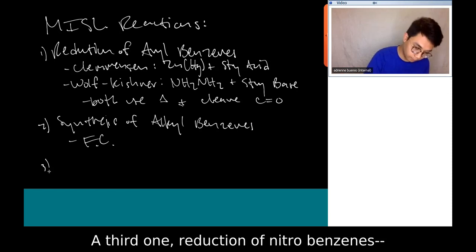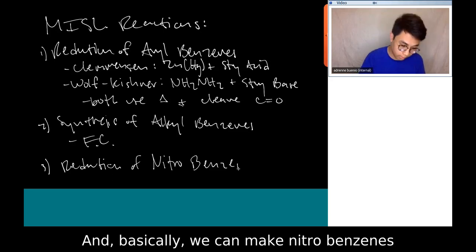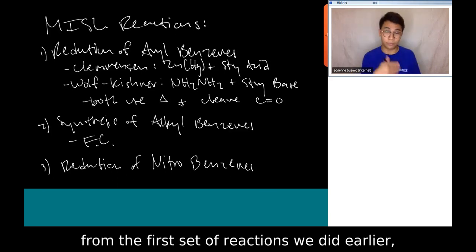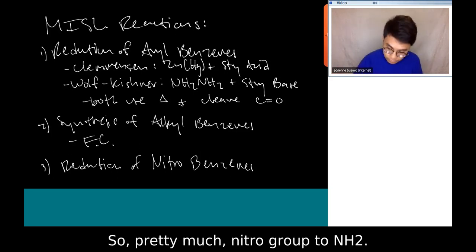A third one, reduction of nitrobenzenes. We saw that in the question. Basically, we can make nitrobenzenes from the first set of reactions we did earlier, but now we can reduce that into an aniline. So pretty much, the nitro group goes to NH2.